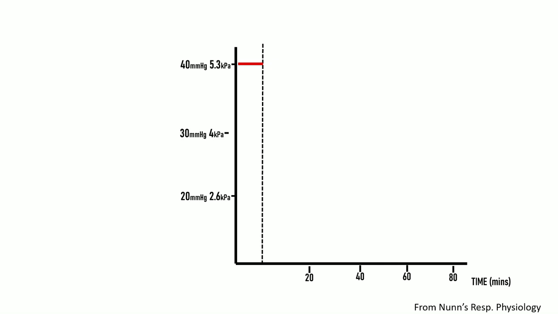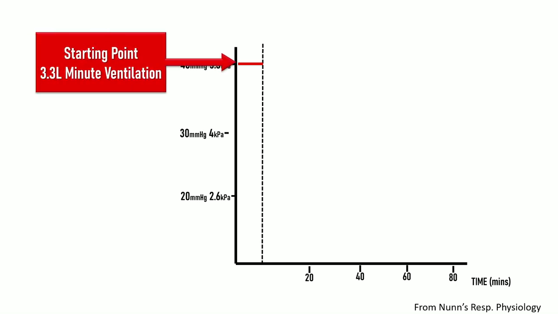In this example, also from Nunn's physiology textbook, we have a graph on the y-axis of the partial pressure of CO2 and on the x-axis of time in minutes. The patient starts off at the little red bar at a PaCO2 of 5.3 kilopascals and 40 millimeters of mercury. And in Nunn's example, the starting point is 3.3 liters minute ventilation.